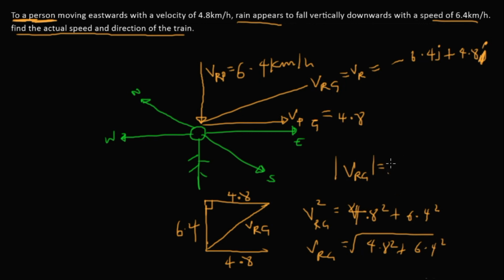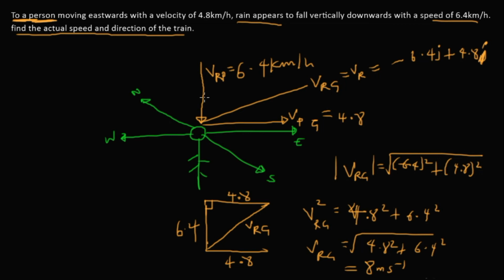It's the same thing up here as well, the square root of minus 6.4 squared plus 4.8 squared. So eventually you will have this answer, which is equal to 8 meter per second. So the actual speed of the rain is 8 meter per second.